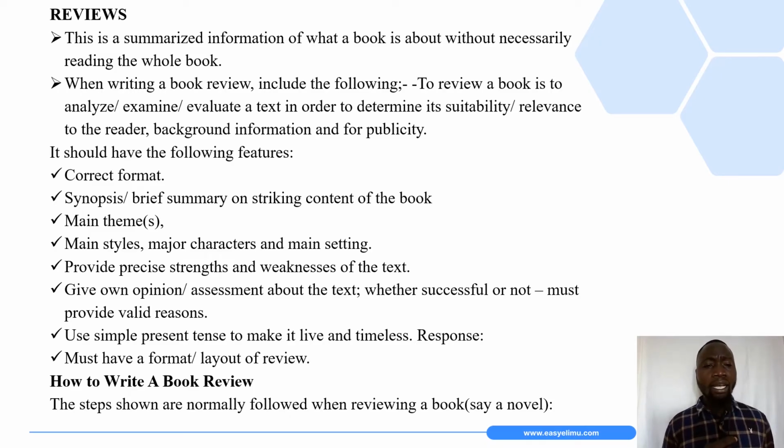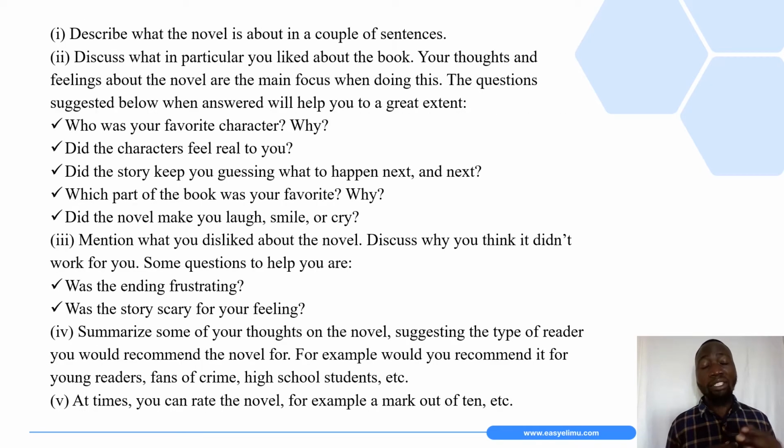So on to the next issue, we have some of the steps that are shown on how to write a book review. So how to write a book review. The steps shown are normally followed when reviewing a book, say a novel, or maybe we can talk about a film.